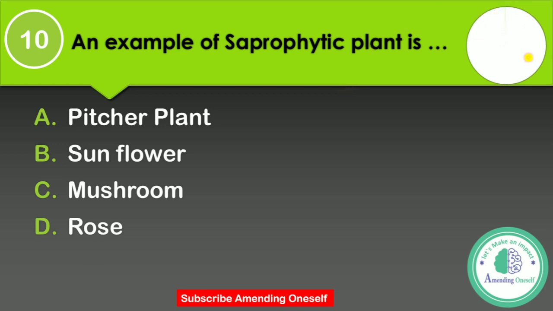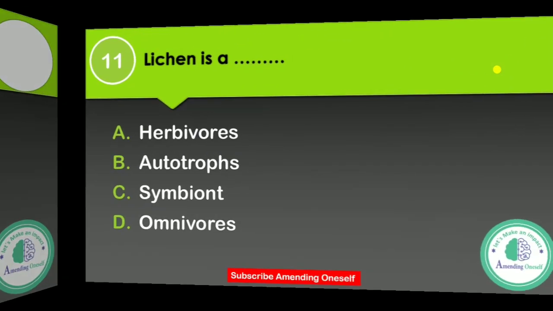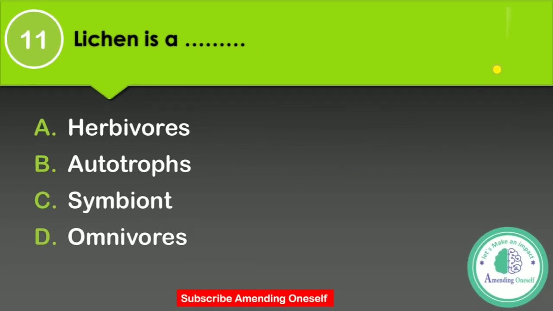Time's up. Question number 11. Lichen is a. Option A, herbivorous; option B, autotrophs; option C, symbiont; or option D, omnivorous. I repeat the question. Lichen is a blank.